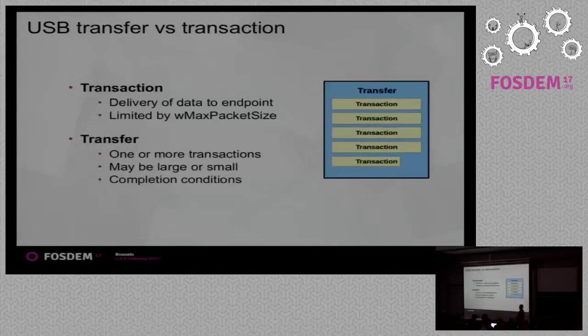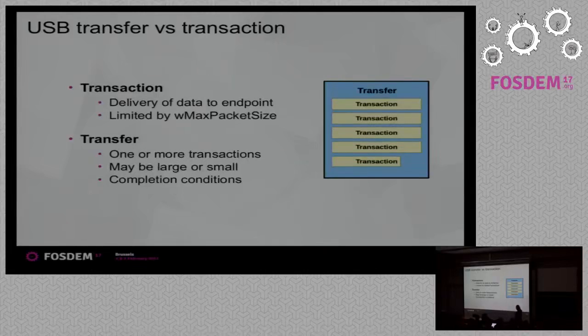How does a USB transfer happen? First of all, we have a transaction. A transaction is a delivery of a single portion of data of wMaxPacketSize, the value declared in the endpoint descriptor.